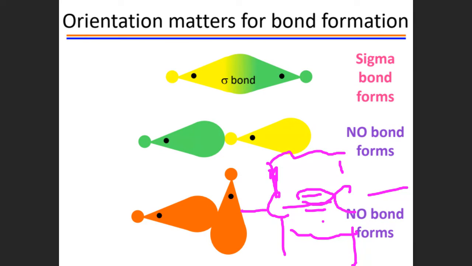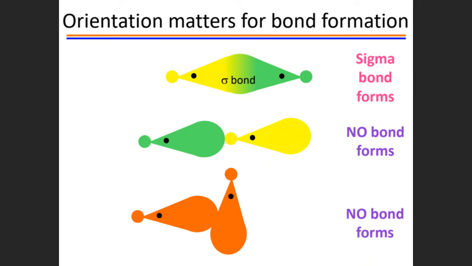Okay, but in that case, look into the sigma bond first, what the visual representation is here. See, if you have it like that, then the sigma bond will form head to head. But if you have head and tail like that, they will not form. If you have it this way, they will not form.